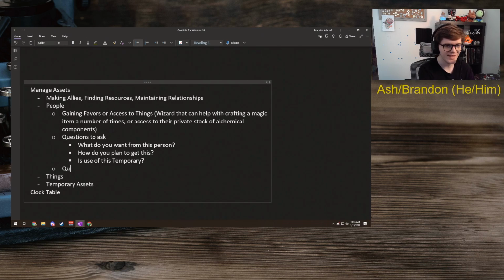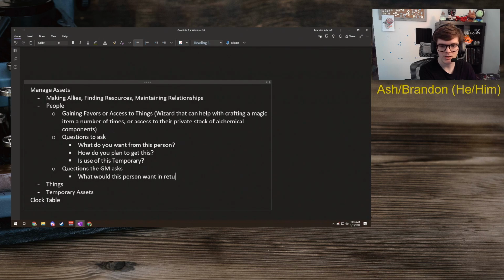So that kind of gets into the next section of questions the GM asks. What would this person want in return? Do they need anything in return?